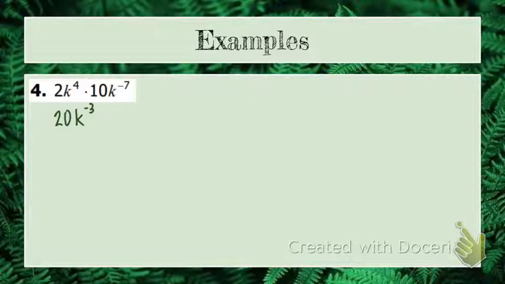However, you cannot leave something with a negative exponent. That is not simplified. When you have a negative exponent, if you remember, a to the negative m equals 1 over a to the m. So what we're going to do is take this and move it into the denominator. And we can do that because this really means 2 times 1 over k cubed.